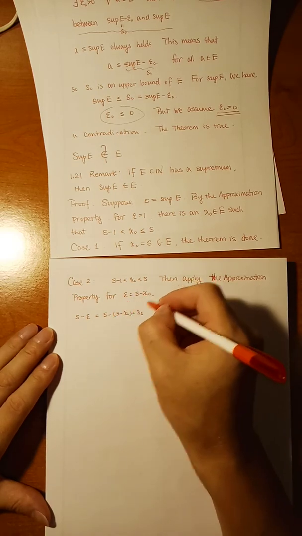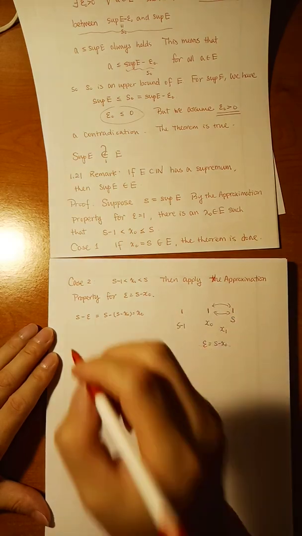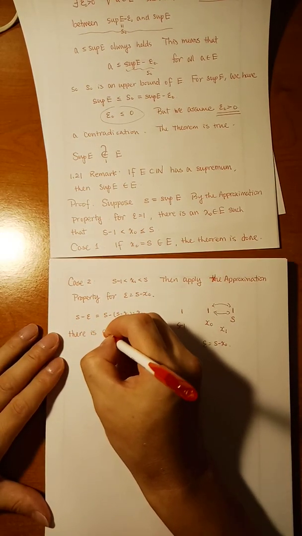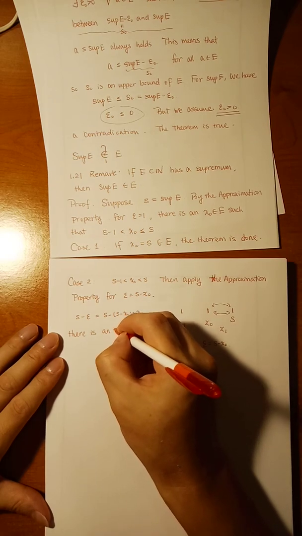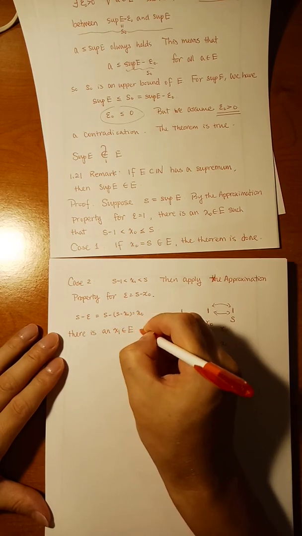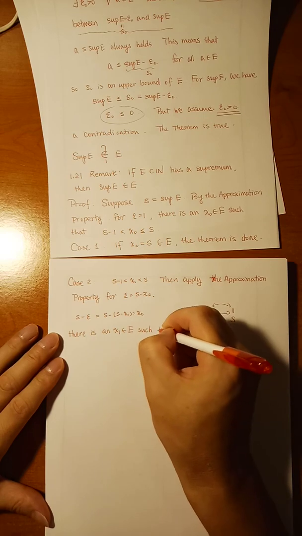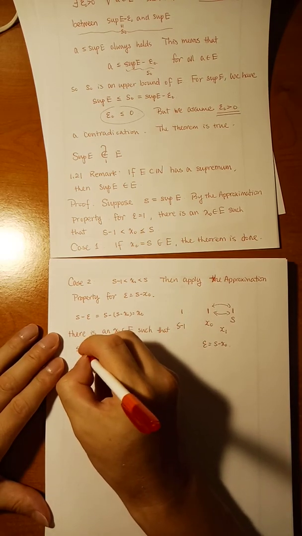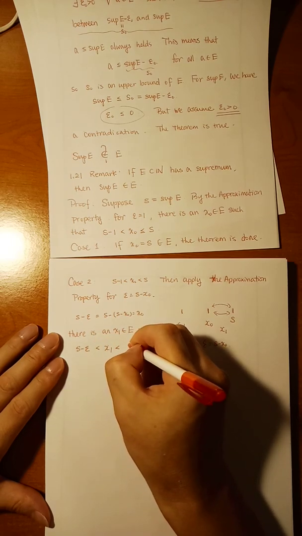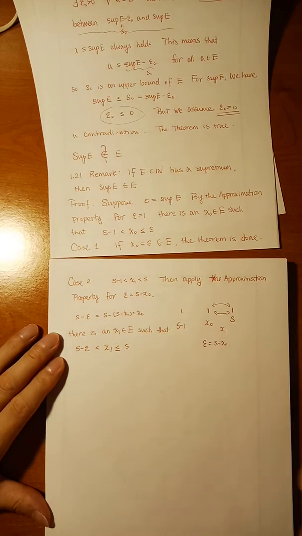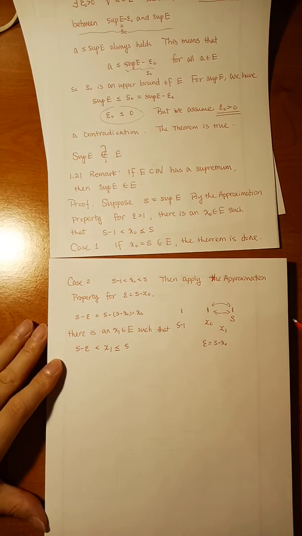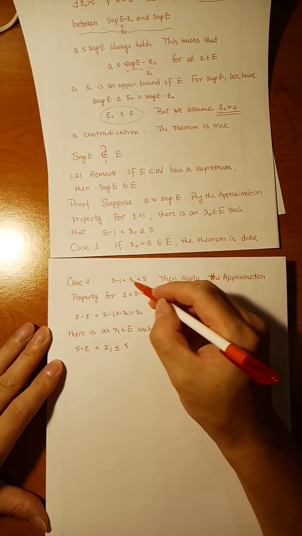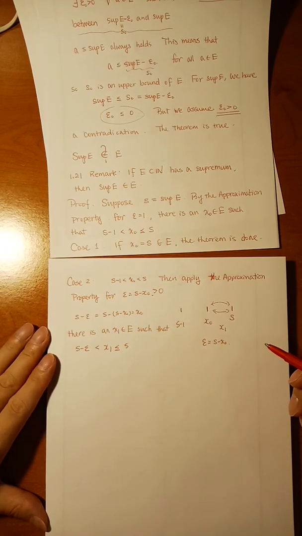So s minus epsilon becomes x0. For this epsilon, there is an x1 in E such that x1 is between s minus epsilon and s, less than or equal to s. And here epsilon is positive because we assume x0 is strictly less than s.